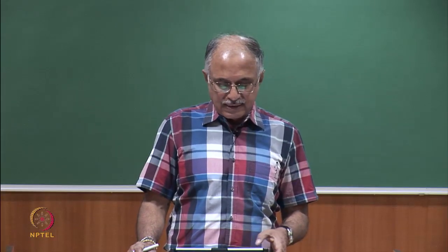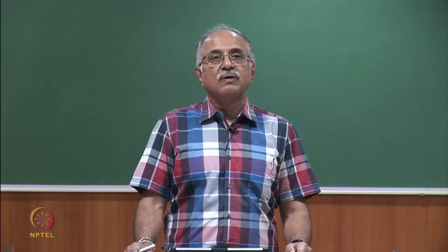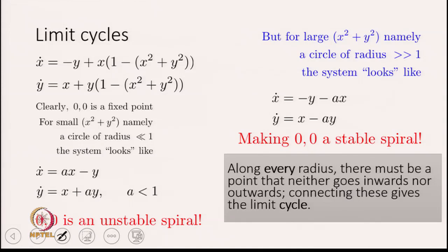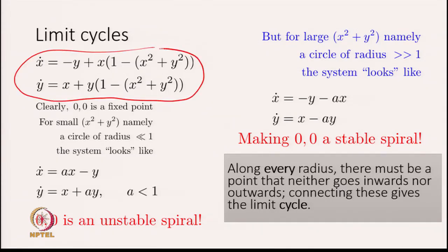Now, the Poincare-Bendixson theorem has been used to show that various systems can have limit cycles, and here is a very standard example. If you consider the following 2-dimensional flow, and this is a nonlinear system now, you can by inspection see that 0, 0 is a fixed point.